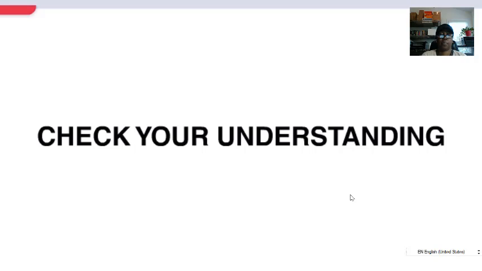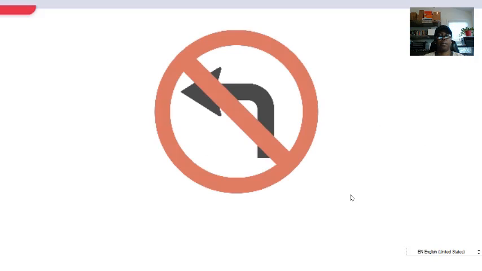Check your understanding. Look at the picture. Complete the sentence. Then listen to the sentence. Don't turn left.